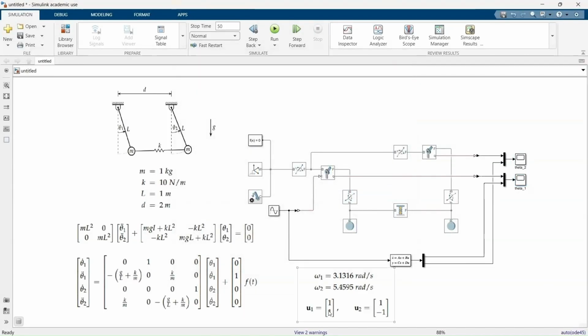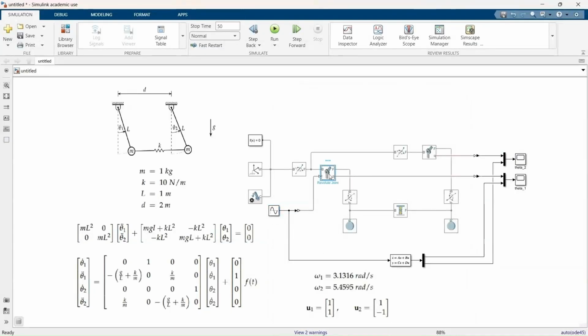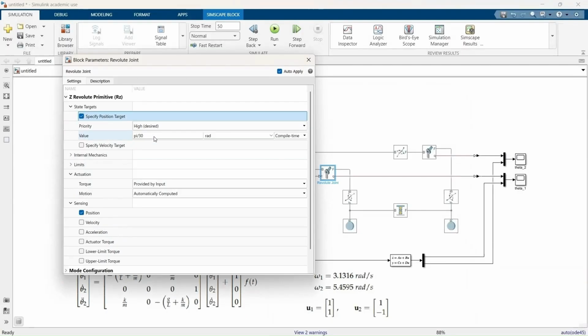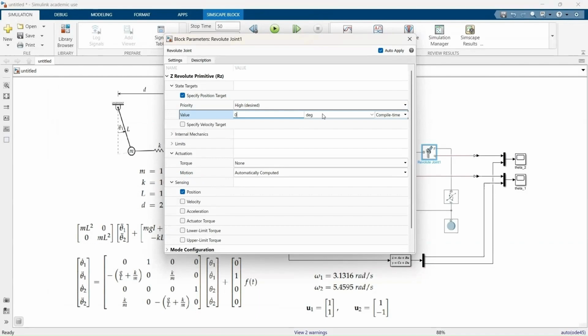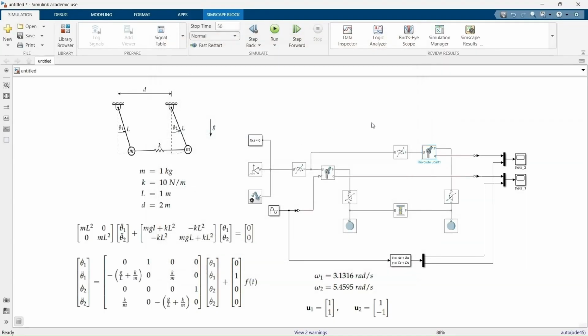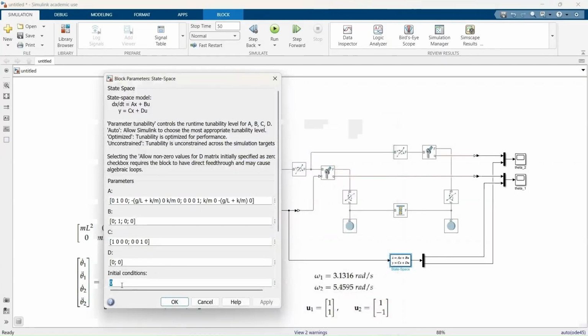And if you use the mode shape as the initial condition, you'll see pure mode motion. In this case, I'll use the second mode. In the state space block, you have to enter it here.